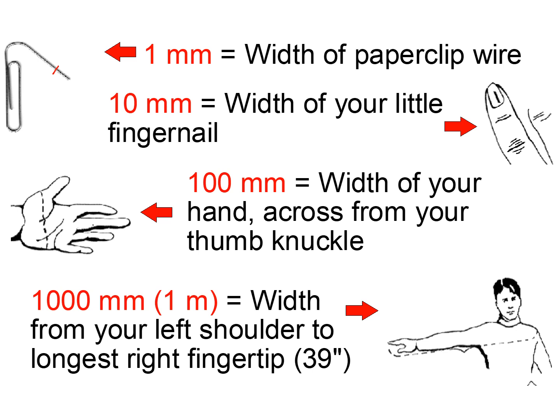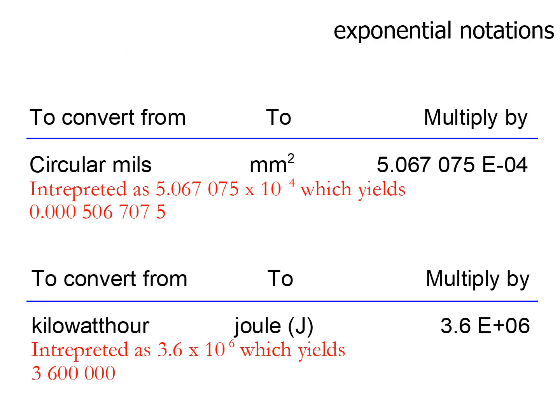And 1,000 millimeters is typically from one shoulder to the tip of your fingers. Now, that's 39 inches, but a lot of us are different sizes. But again, that was just an average of the way they do it.